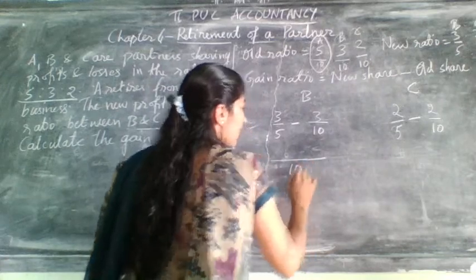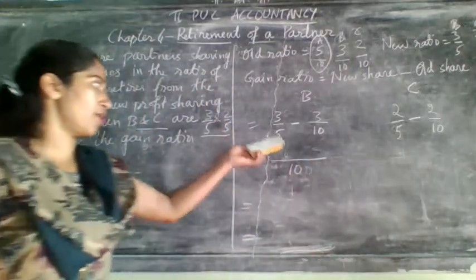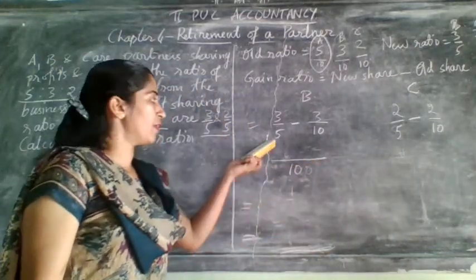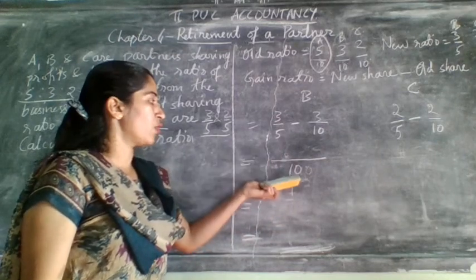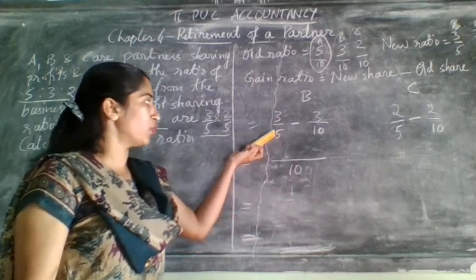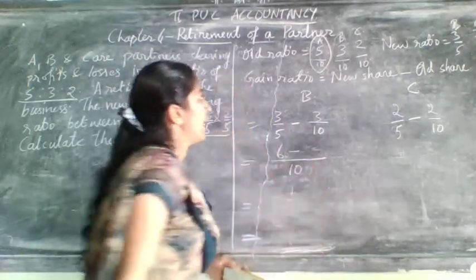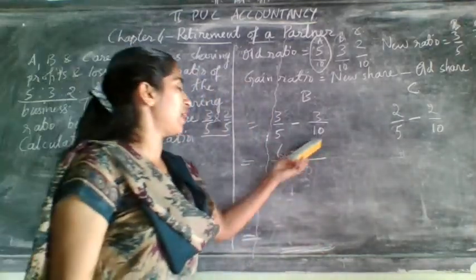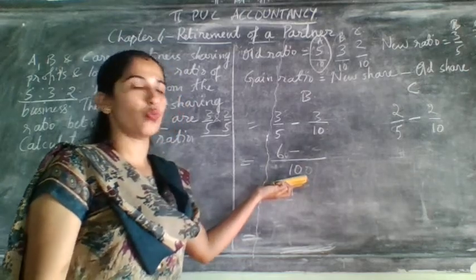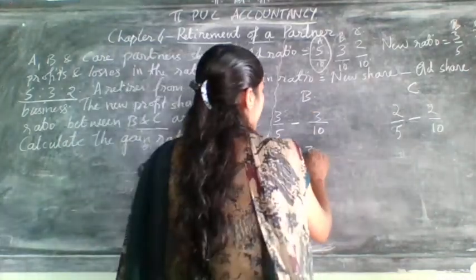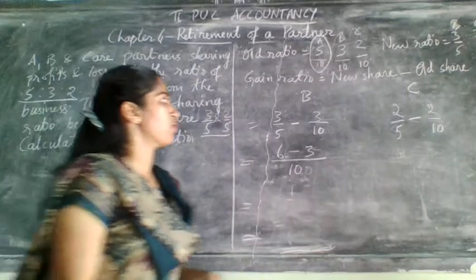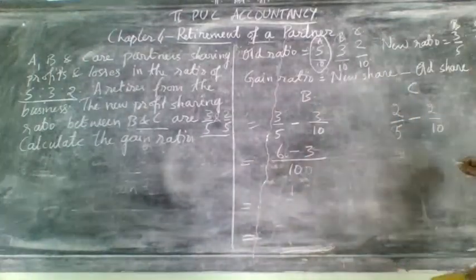Now again, which will be the common denominator for both? 10 as the denominator. Why? Because that can be divisible by 5. So 10 divided by 5, you will get 2. 2 3s are 6 minus, next 10 divided by 10, you will get 1. 1 3s are 3.